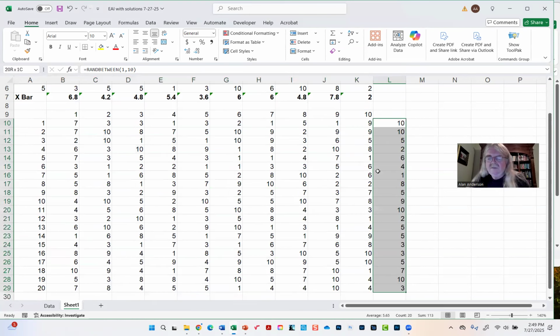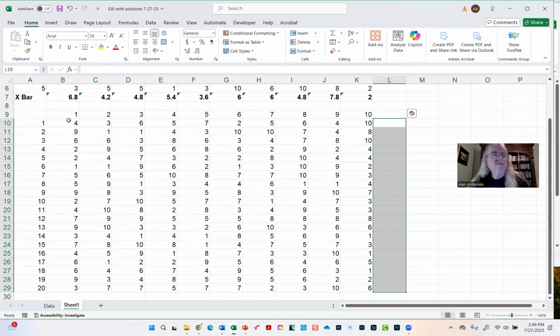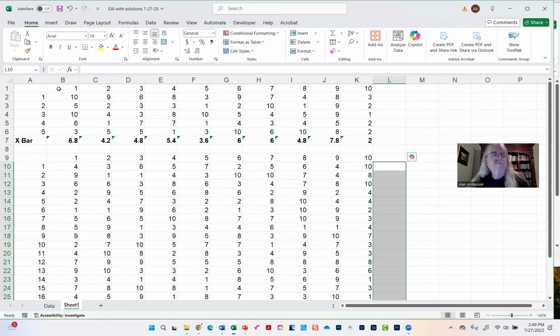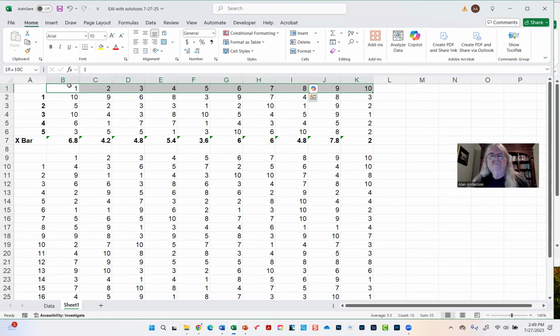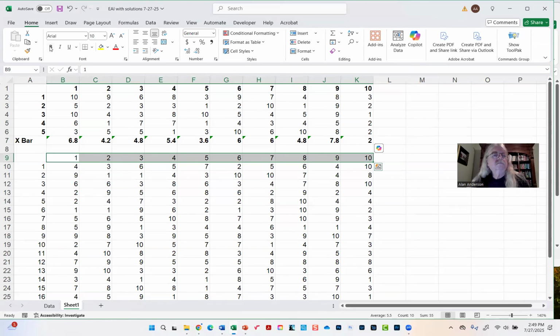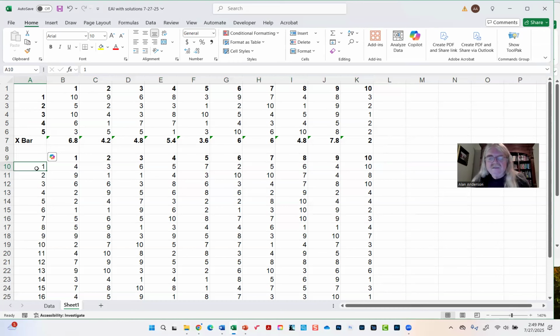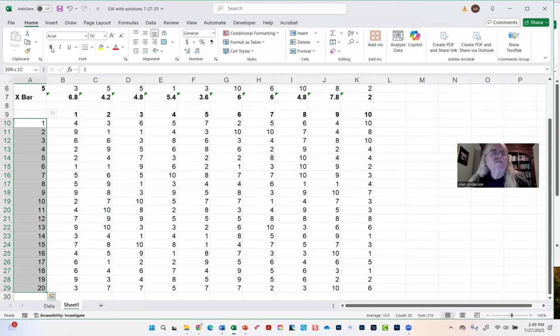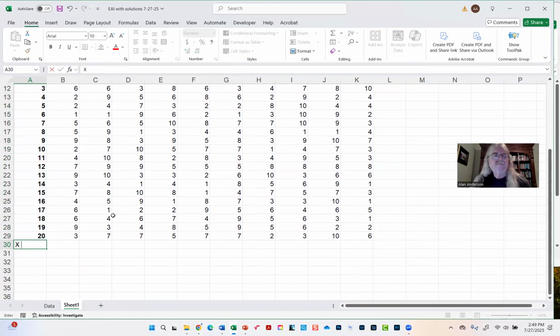Okay, now I'm going to lock them into place. I'm just making these bold so you can see the headers and the labels very clearly. And now I'm going to have the mean or X bar.